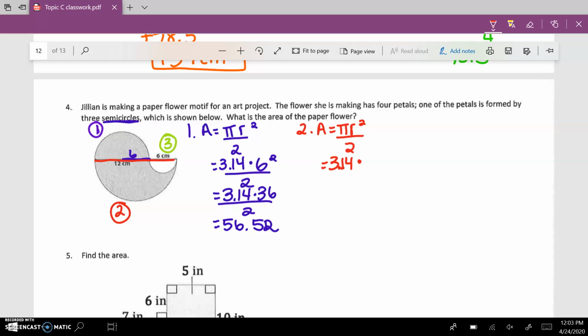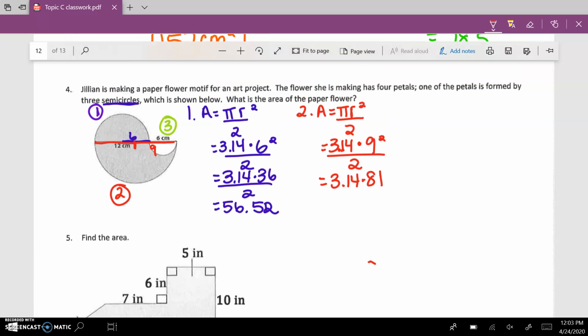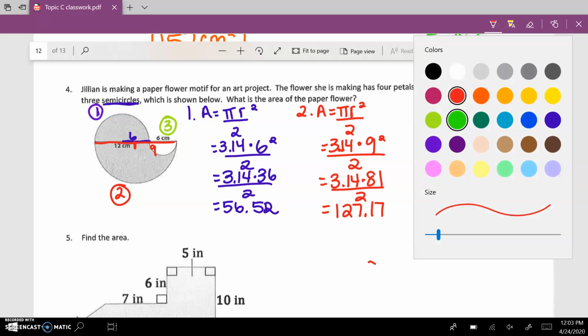All the way across would be the 12 plus the 6, which would be 18. So half of that would be 9. So this would be times 9 squared, all divided by 2. So it'd be 3.14 times 81 divided by 2, which you would get 127.17.